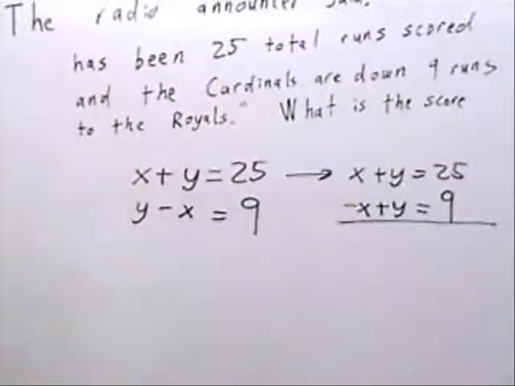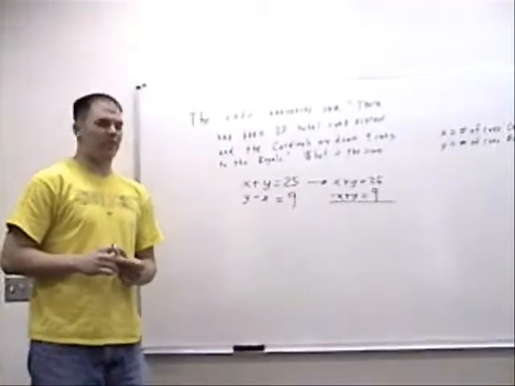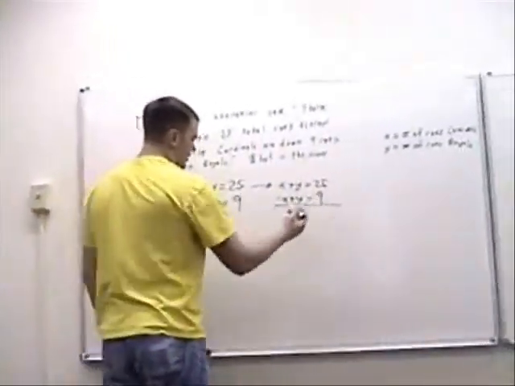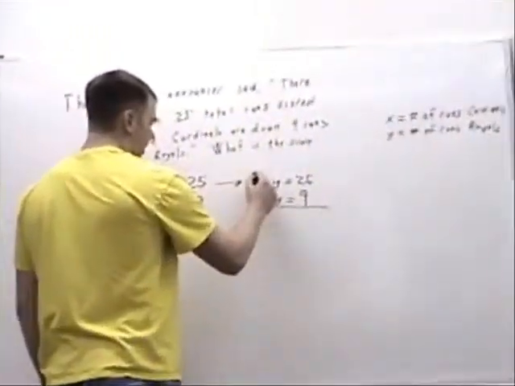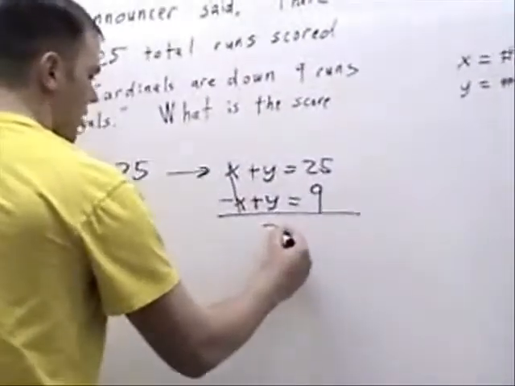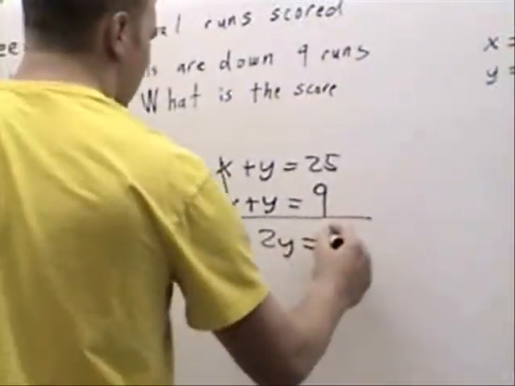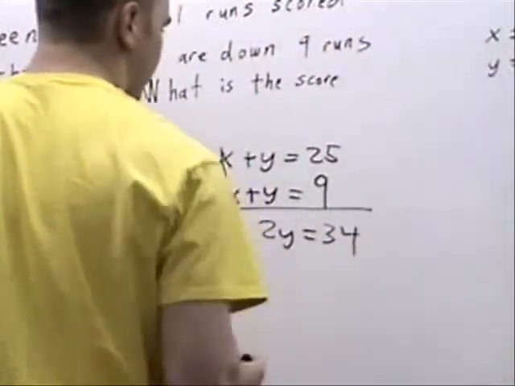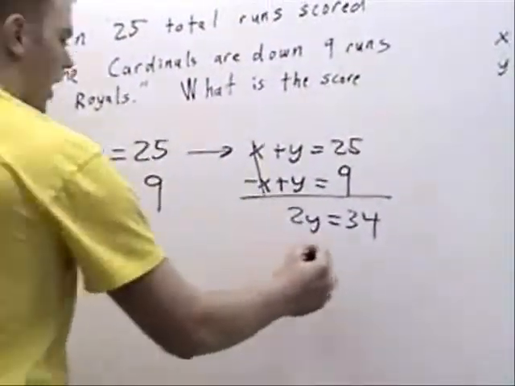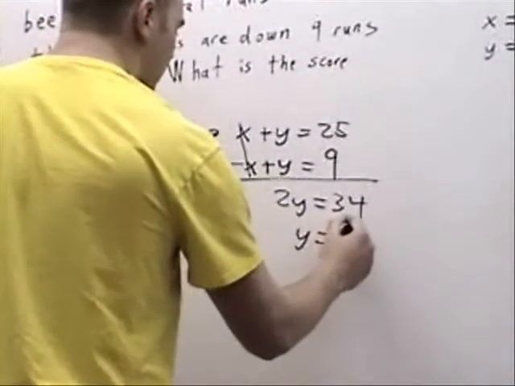Now, you can solve this using the addition-subtraction method. As you can see, if you add these two together, the x's cancel. You get 2y equals 34. Therefore, y equals 17.